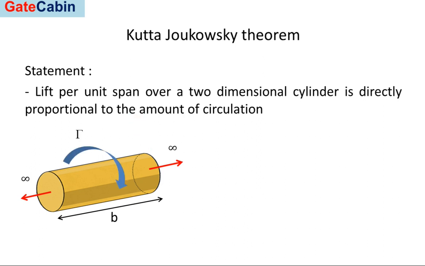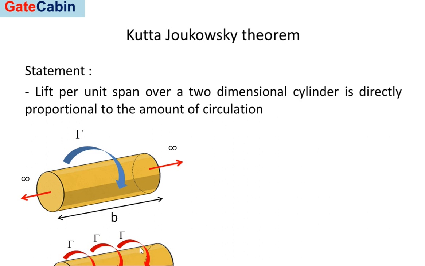So if gamma is the overall circulation over this entire cylinder, this whole thing can again be viewed in a different way. Let's say this is a cylinder, and the entire picture can be considered in a different manner, like the circulation is distributed over this entire surface.